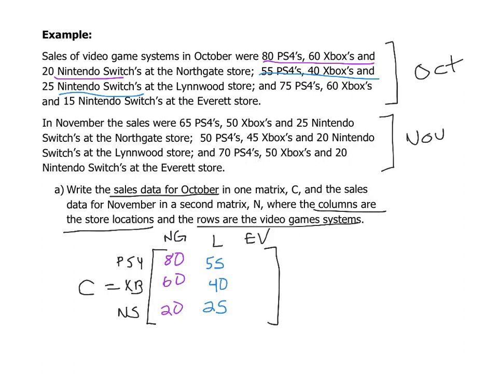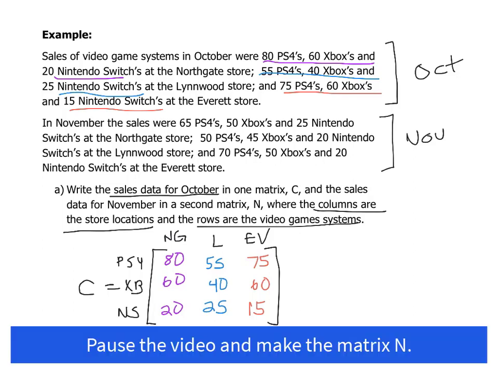And then at the Everett store, we had 75 PS4s, 60 Xboxes, and 15 Nintendo Switches. There's our sales data in a matrix form for October. Pause the video and you write the November matrix.